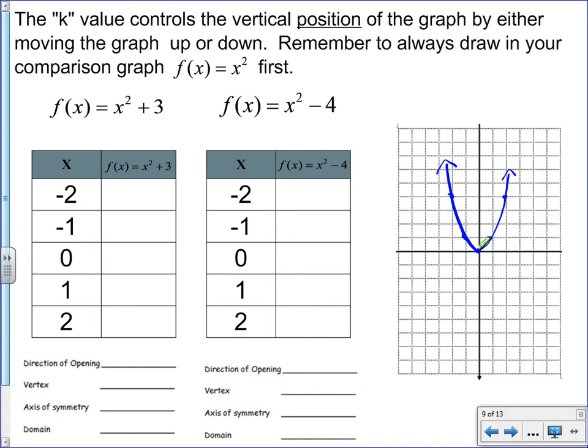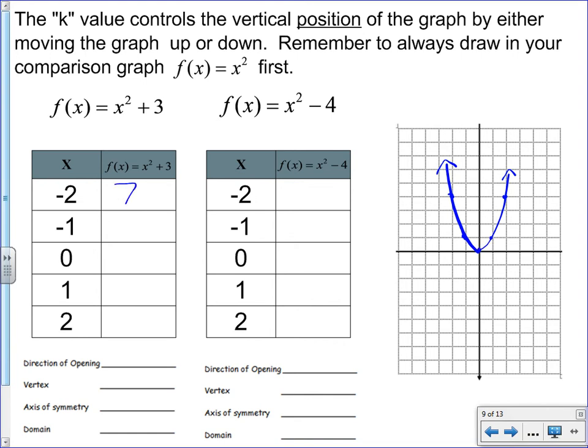Okay, going on. Austin, what is f at negative 2 here? What is that? x squared plus 3? Yep. Like 7?